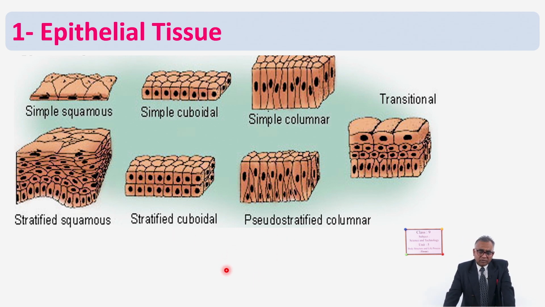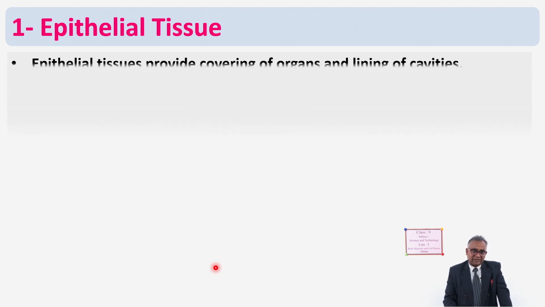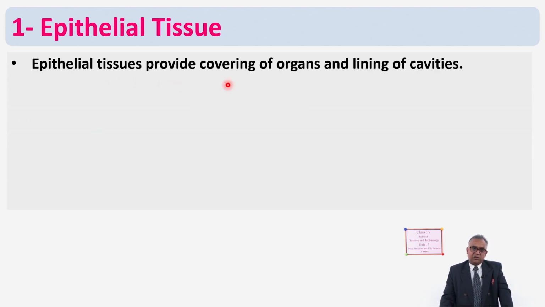So here what are its characteristics? Let's see. Epithelial tissues provide covering of organs and lining of cavities. Organs may be outside our body or inside our body, anywhere. The covering of the eyeball is made up of epithelial tissue.